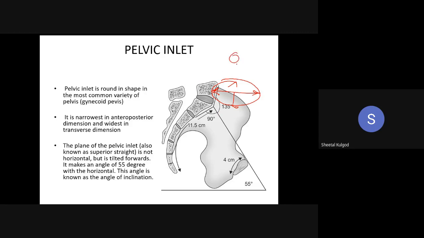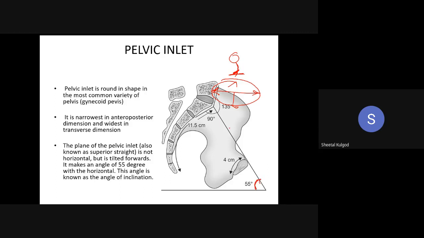If you imagine this as the body, and this is the spine here, the curved spine, what you have to remember is that the pelvic inlet is at an angle to the body as well as to the horizontal. The angle that the plane of the pelvic inlet makes with the horizontal is called the angle of inclination, and as you can see here, it is about 55 degrees.